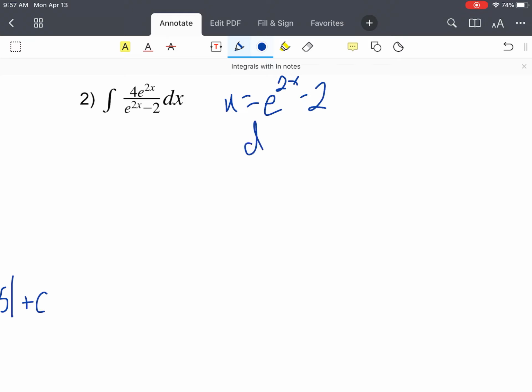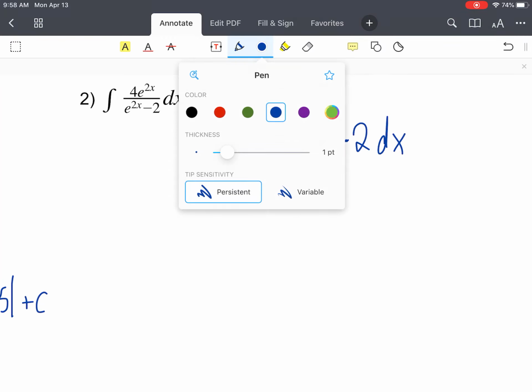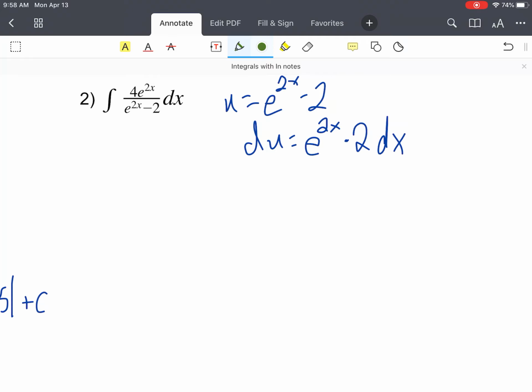So here u is going to be the bottom, so e to the 2x minus 2. So that du, remember how we take the derivative of e? We're going to write it down, so e to the 2x times the derivative of the top thing, which is 2. Okay.